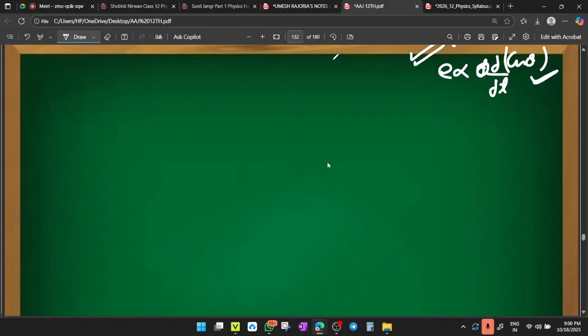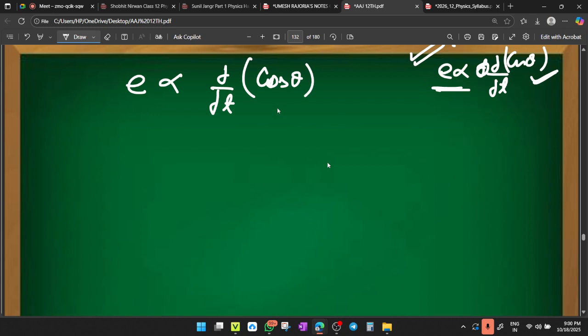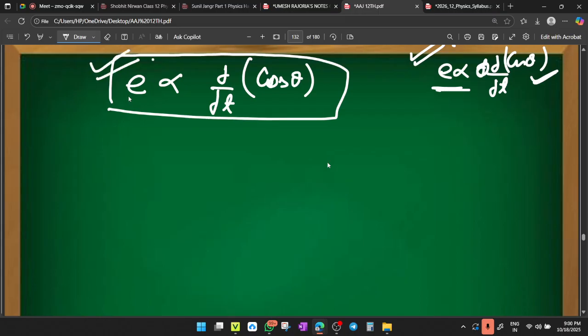Okay, our electricity is produced by this method. The EMF we get in our home is produced by d by dt of cos theta, with all the remaining terms constant. Clear, beta? This is the rule for production of AC, alternating current, that we are using in our domestic supply. Clear?